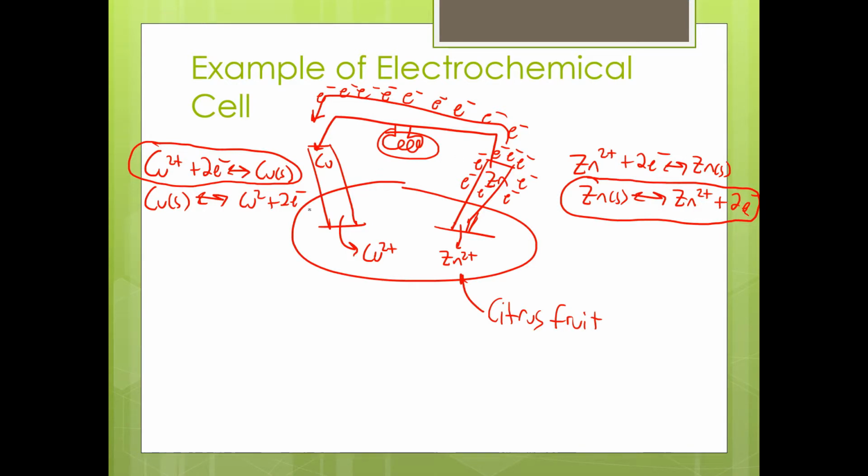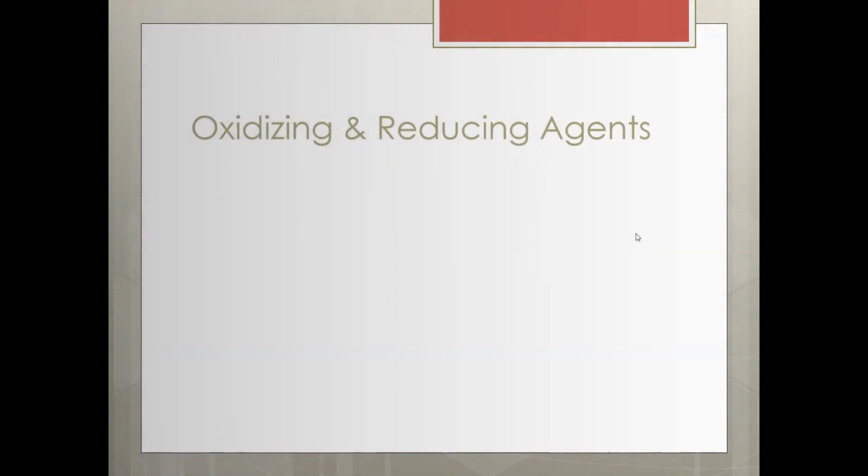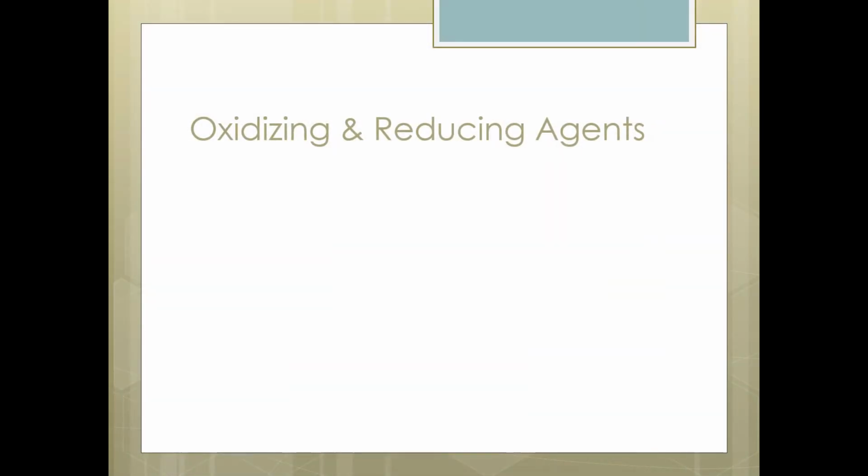Now, like I mentioned, in every redox reaction, one substance undergoes reduction, one substance undergoes oxidation. And it was asked earlier in class, how do we know which is which? Well, we classify the substances into oxidizing and reducing agents. Oxidizing agents first.